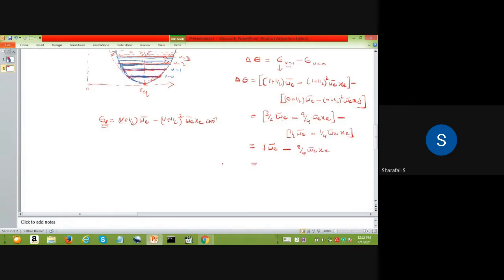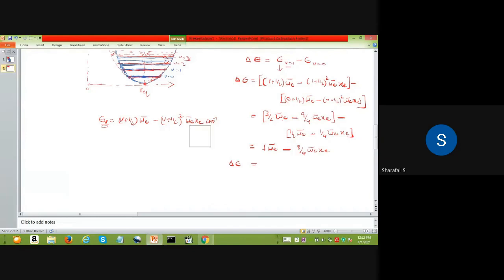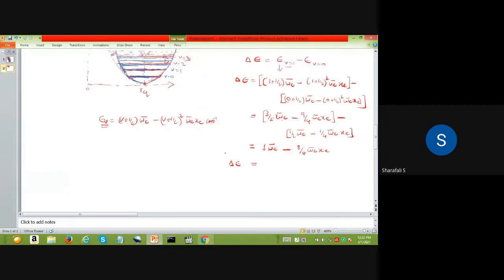So in total, when you have that transition, the delta epsilon corresponding to this transition, that is from v equal to 0 to v equal to 1 transition. Sorry, I think this is 0 to 1.